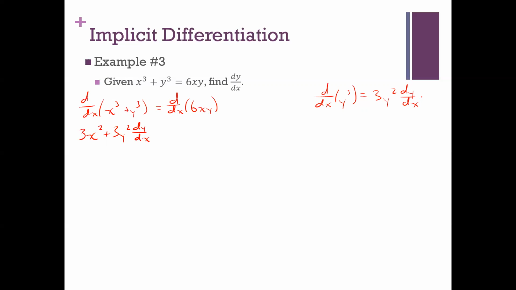So let's just think about it in terms of inner and outer functions. The outer function in this case is a cubing function. From the power rule, we know that the derivative of a cubing function is 3 times the same variable squared. So that's where this outer function comes from. And then because the inner function in this case is whatever the function that maps x to y, that's where this dy dx, the derivative of y with respect to x comes from.